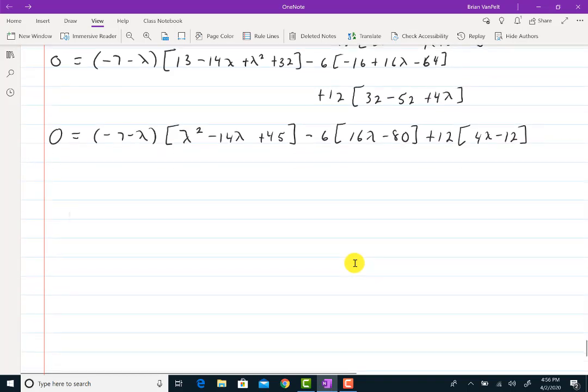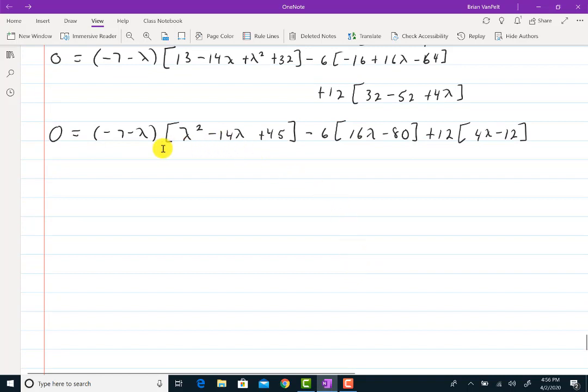All right, let me continue on. And I'll just continue multiplying this whole thing out. So I'll start by multiplying -7 to everything inside of there, and let's see what happens. I won't need the brackets here. I'll take them out. I'll start with -7 times everything. So I'll get -7 lambda squared. -7 times -14 is positive 98.